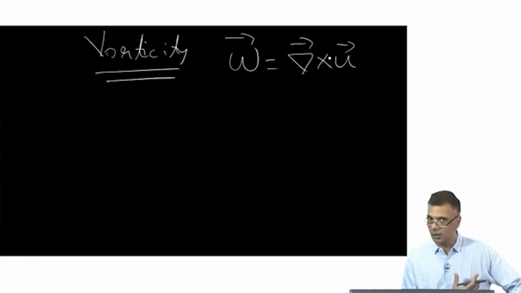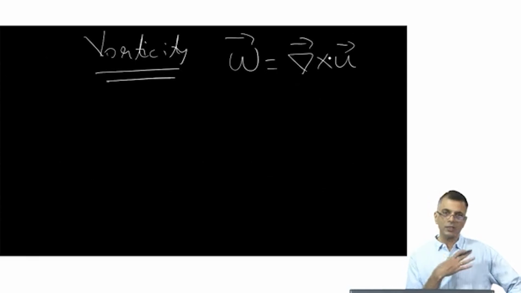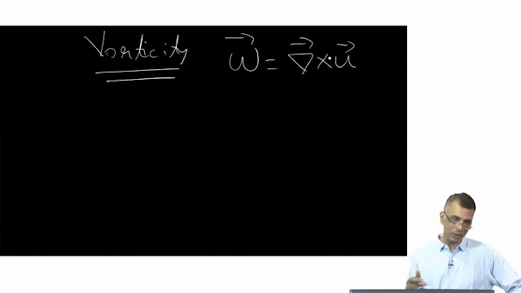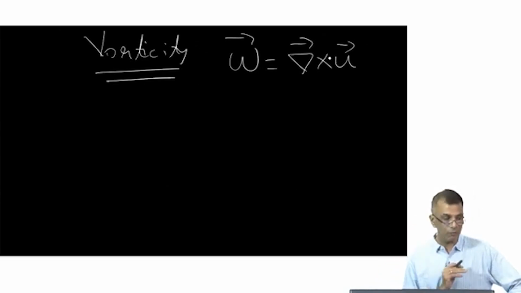If there's no viscosity in the flow, if for whatever reason there's a rotation, if for whatever reason there's a circulation in the flow, it's conserved. It does not change. There's no scope for generation or suppression of vorticity in an inviscid flow.